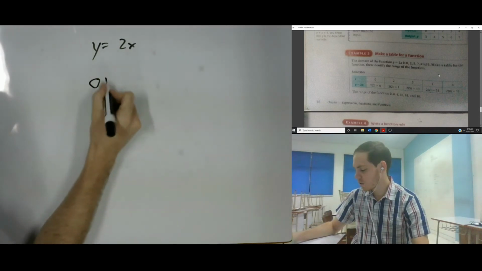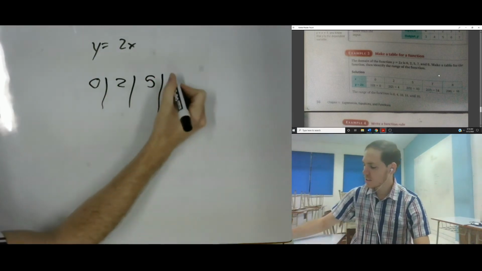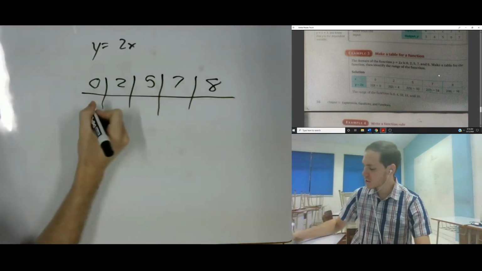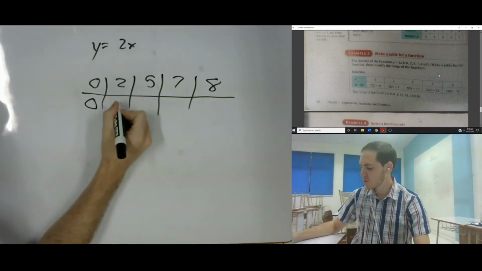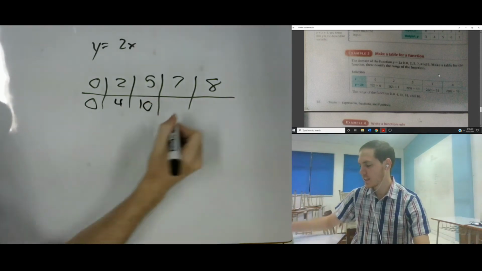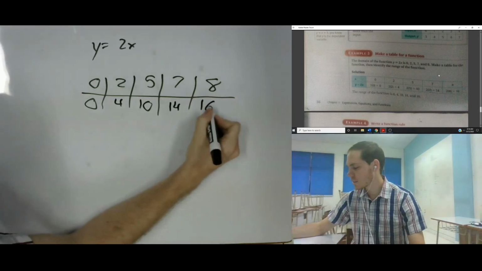So 0, 2, 5, 7, 8. So what's our range? Our range is 0, 2 times 2 is 4, 5 times 2 is 10, 7 times 2 is 14, 8 times 2 is 16.